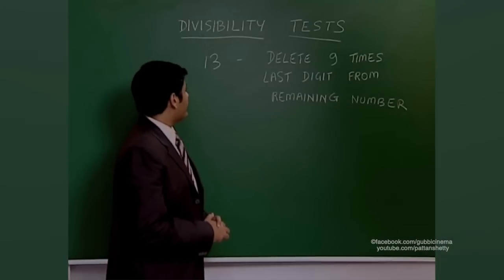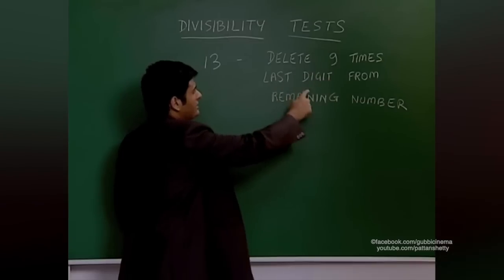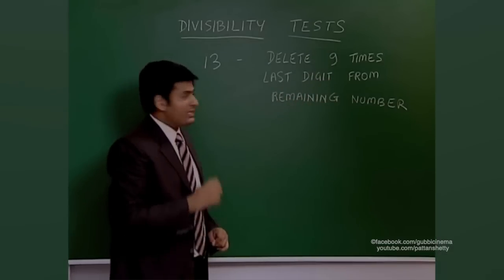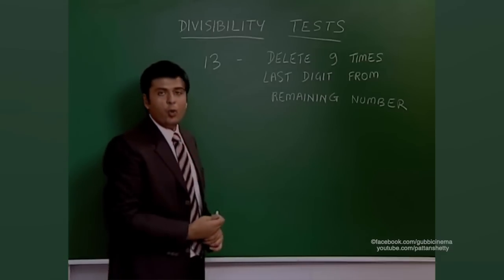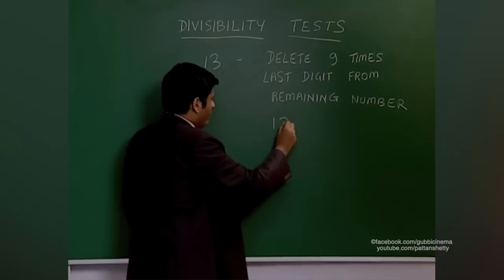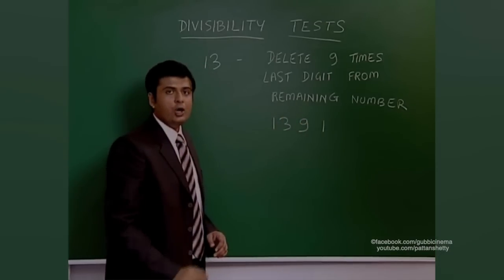The divisibility test of 13 says delete 9 times the last digit from the remaining number. If whatever is left is divisible by 13, then the whole number is divisible by 13. Suppose I want to check whether 1391 is divisible by 13 or not.